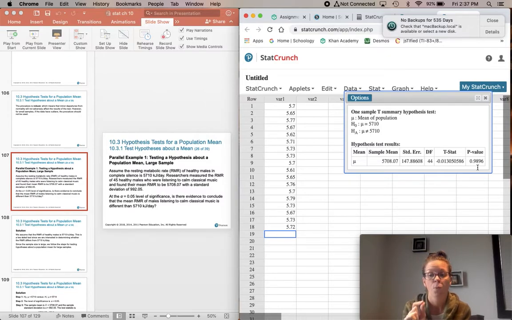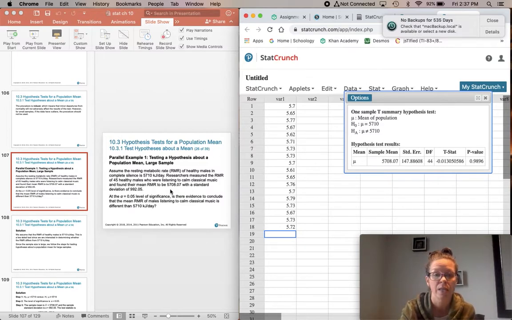But remember, we never actually say that we're accepting the null hypothesis, because that's the idea of, in court, we never claim somebody to be innocent. We can only claim them to be not guilty, because we don't know for sure. I mean, that's a really high percent, but we still can't know for sure. So we're just going to say we are not going to reject the null hypothesis.